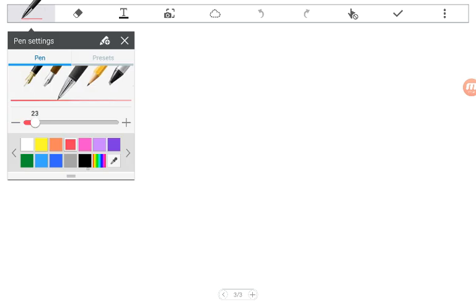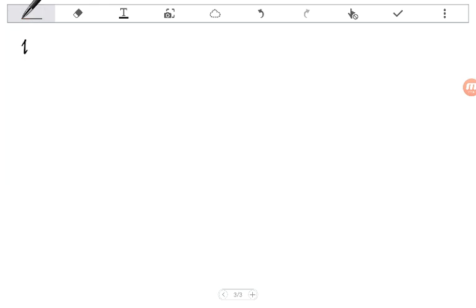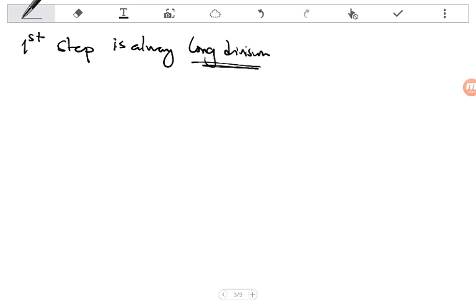Okay, so the first step in any partial fractions problem is the long division. First step is always long division. And we perform long division when the degree of the numerator is greater than or equal to the degree of the denominator.